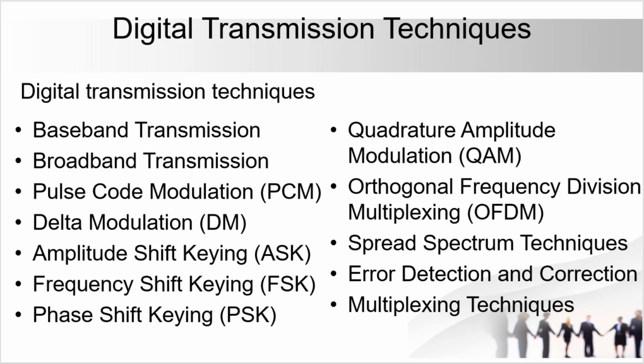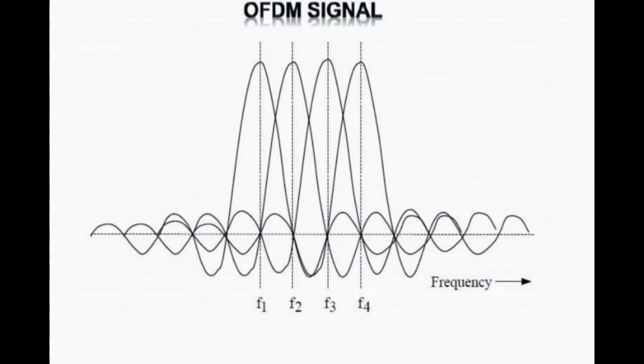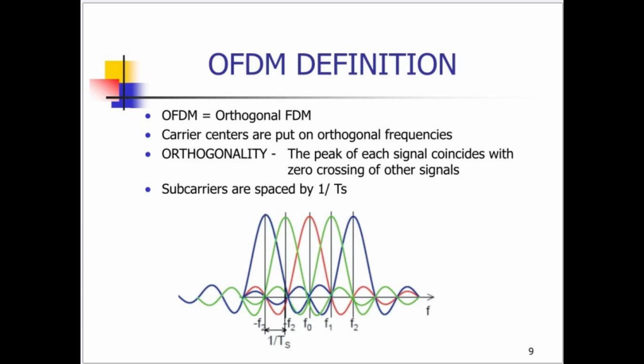Point number 9, orthogonal frequency division multiplexing, or we can call OFDM. OFDM splits the data stream into multiple small substreams, each transmitted on a different frequency subchannel.